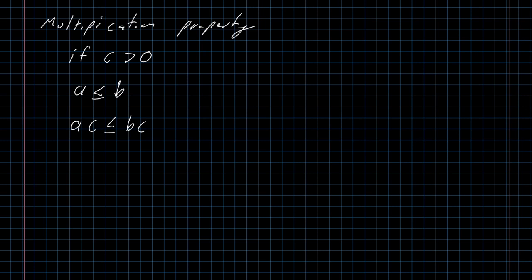If a is less than or equal to b, then a times c is less than or equal to b times c. But if c is less than 0, if c is a negative number, and a is less than or equal to b, then a times c will be greater than or equal to b times c.